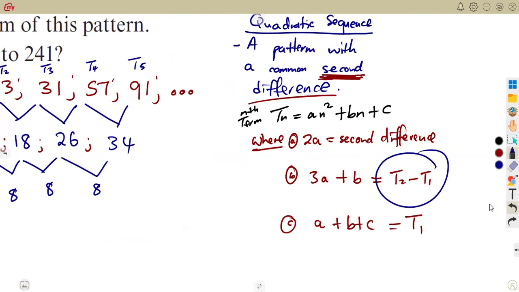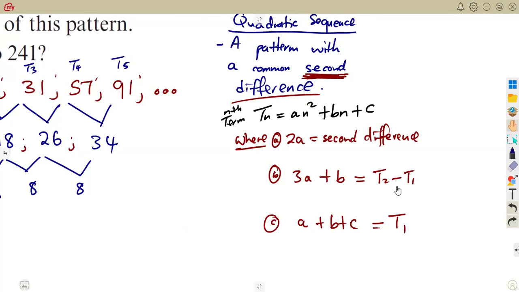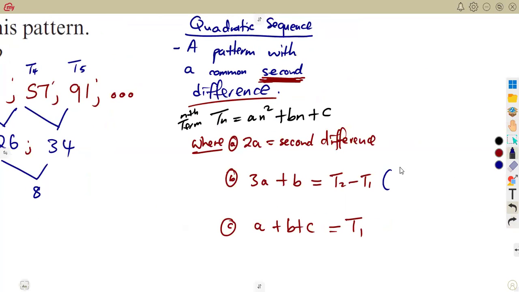Like I said, T2 minus T1 is the first term, but the first term of what? Of the sequence of the first differences. I'm just going to have this in short.